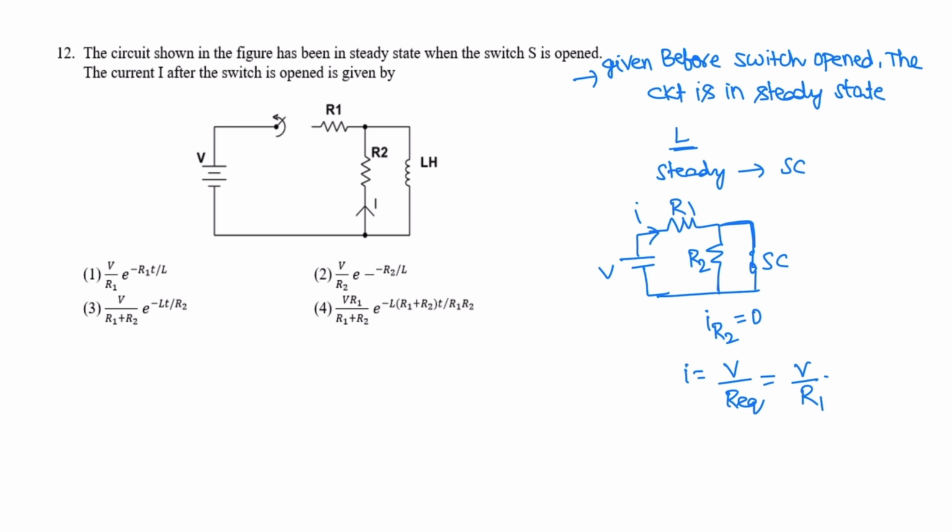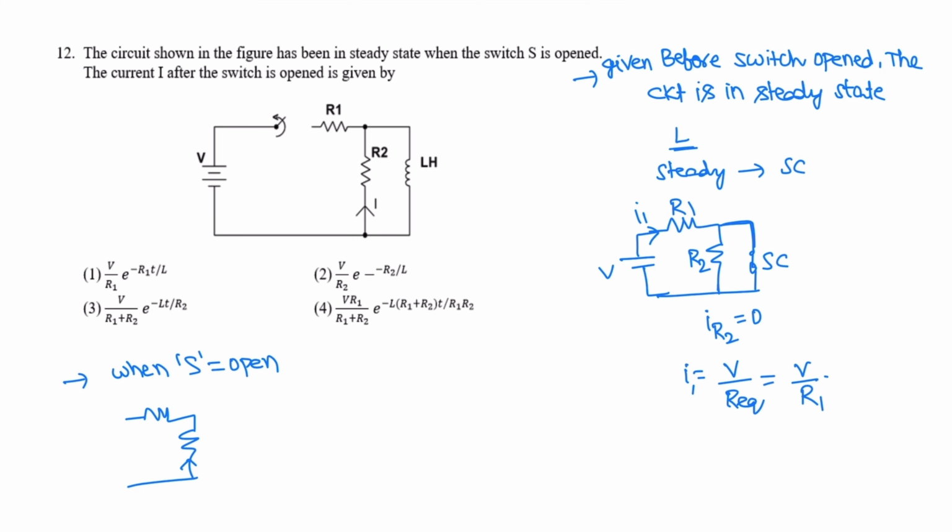Now the next condition, when switch S is open, the equivalent circuit is like this. You can take this current as I1.